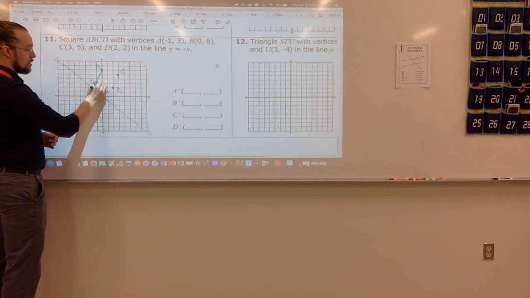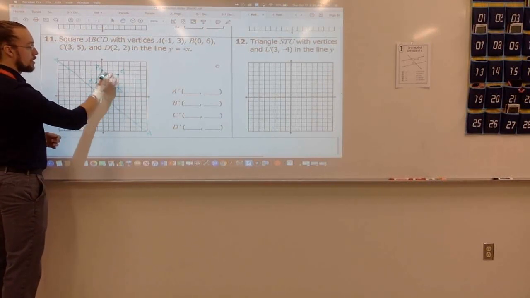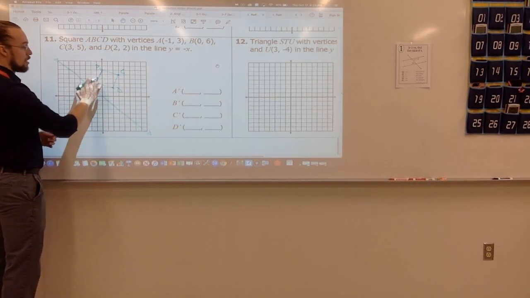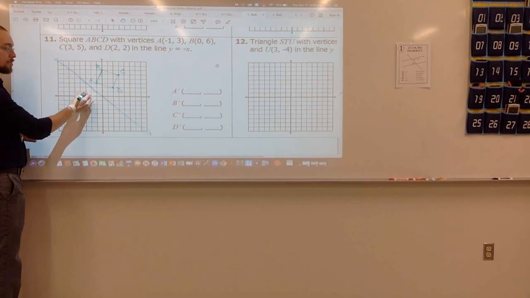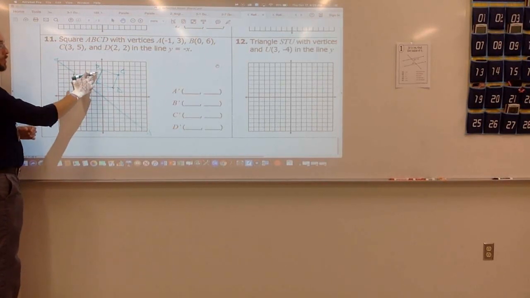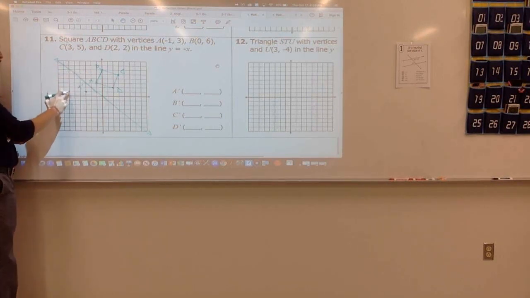So this actually makes a square. Right? So if I want to reflect across y equals -x, I'm going to count how far over, and go that same distance down. So A prime will be there. B, I'll go 1, 2, 3 down, 1, 2, 3, 4, 5, 6.